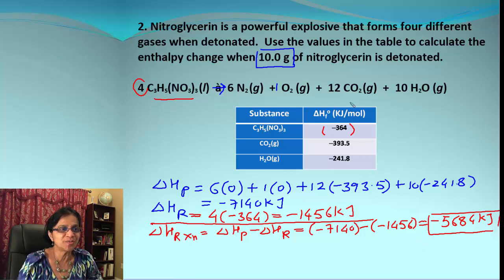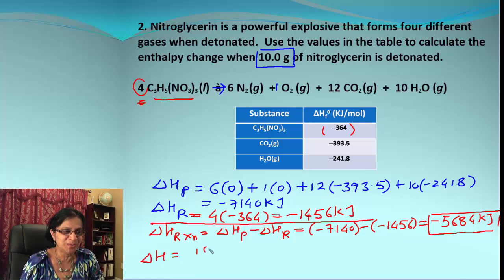Now this is going to be for 4 moles of nitroglycerin. So if you want to find out how much will be the value for 10 grams, we need to convert 10 grams to moles first. So that value will be the mass divided by the molar mass. And the molar mass for nitroglycerin is going to be 227.1.